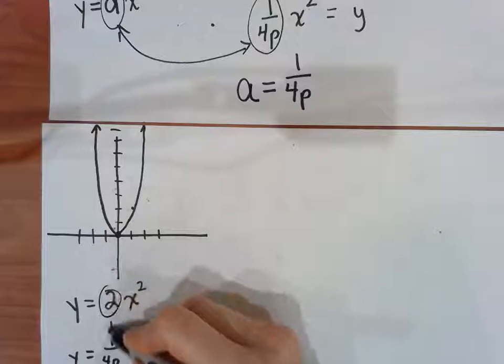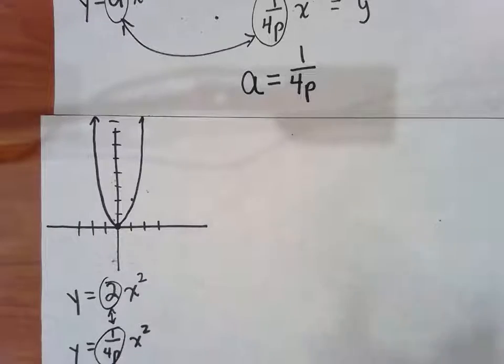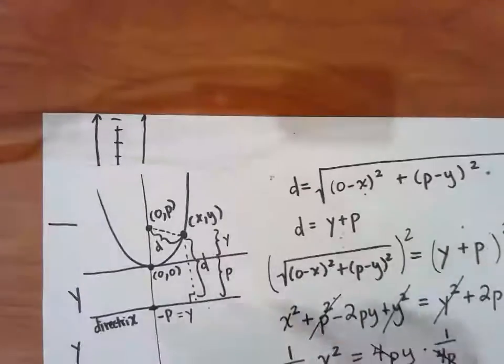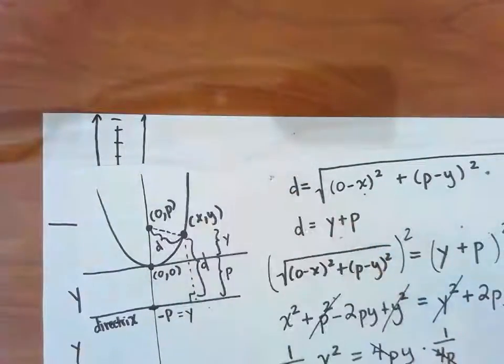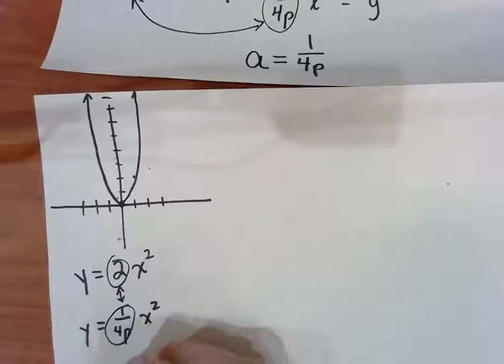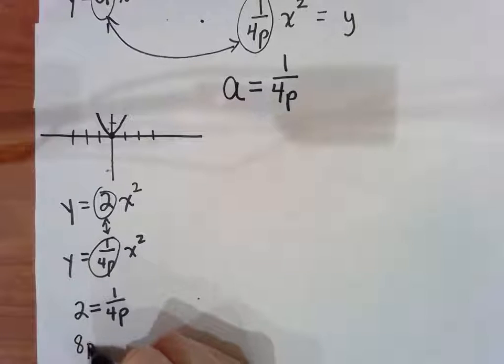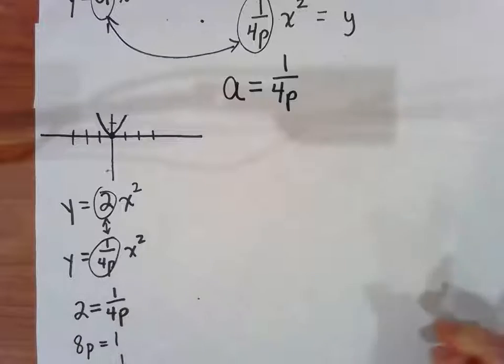So this 2 has to be exactly the same as 1 over 4p, where p is the distance from the origin to the focus. Okay, so if 2 were equal to 1 over 4p, then we would have that 8p equals 1, and p is an eighth.